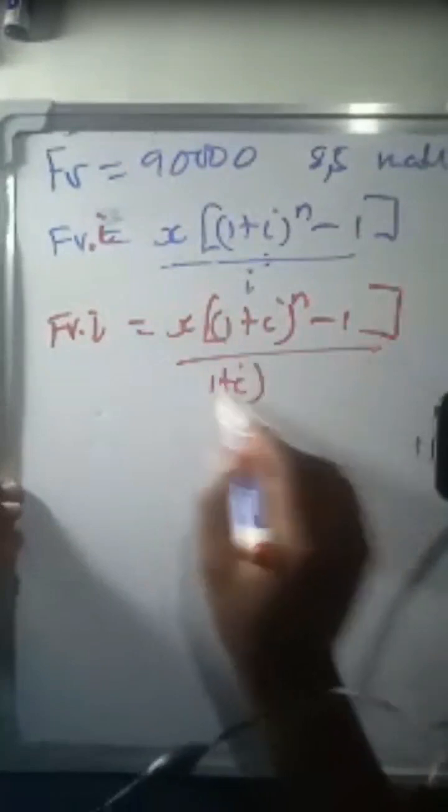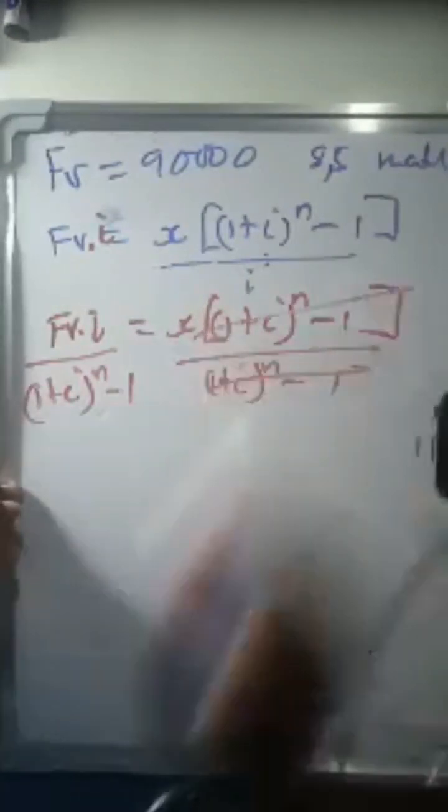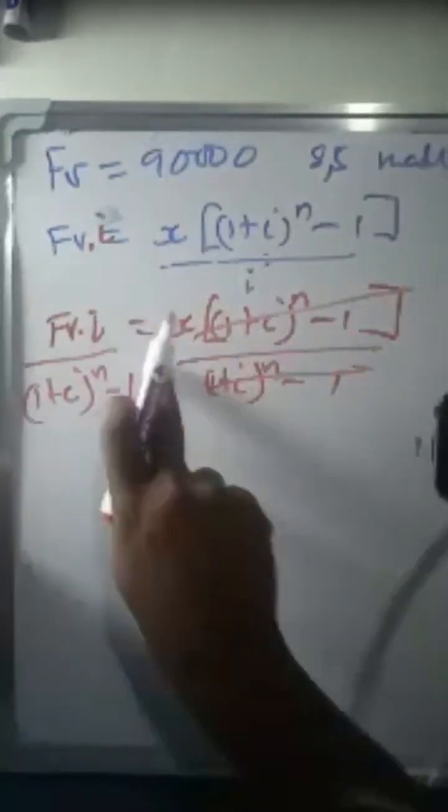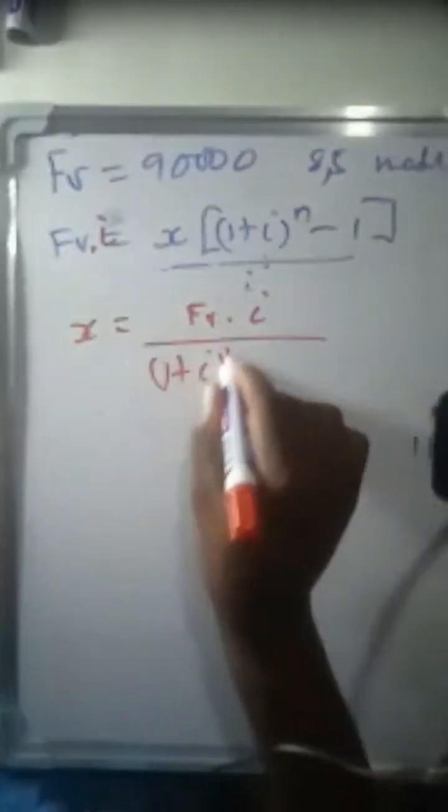So I'm going to get FV multiplied by I is equal to X into 1 plus I to the power of N minus 1. So I'm going to divide by 1 plus I to the power of N minus 1 on both sides, such that this one and this one cancel. So you see, I've made X subject of the formula. Okay, so I am going to write it as X is equal to FV times I over 1 plus I to the power of N minus 1.